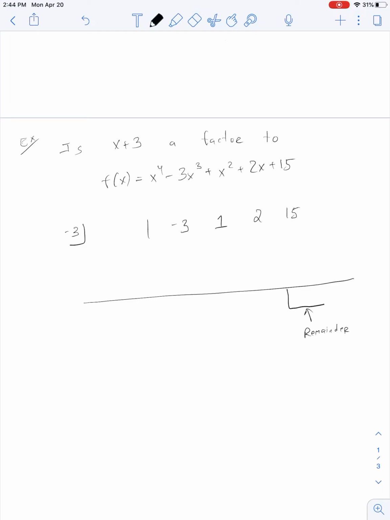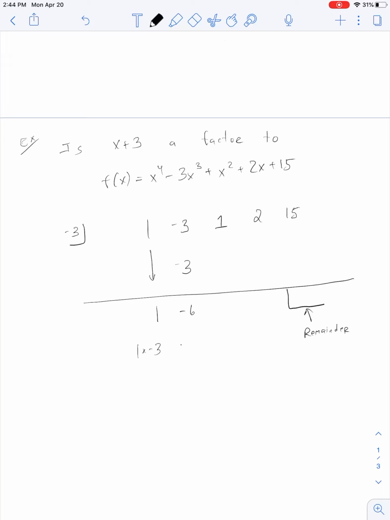All right. What we do first is we're going to bring this down. Then we're going to multiply that 1 by -3, right, by that number. That gives us a -3, so we put that right there. We add these two. We do some addition. -3 plus a -3 gives us a -6.